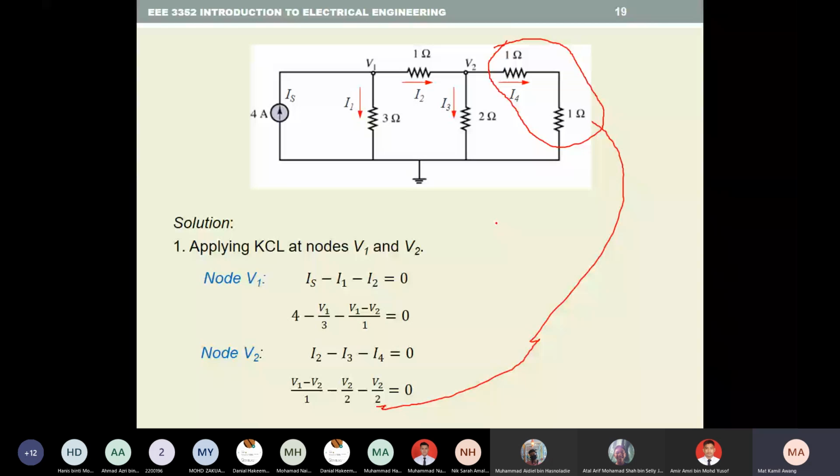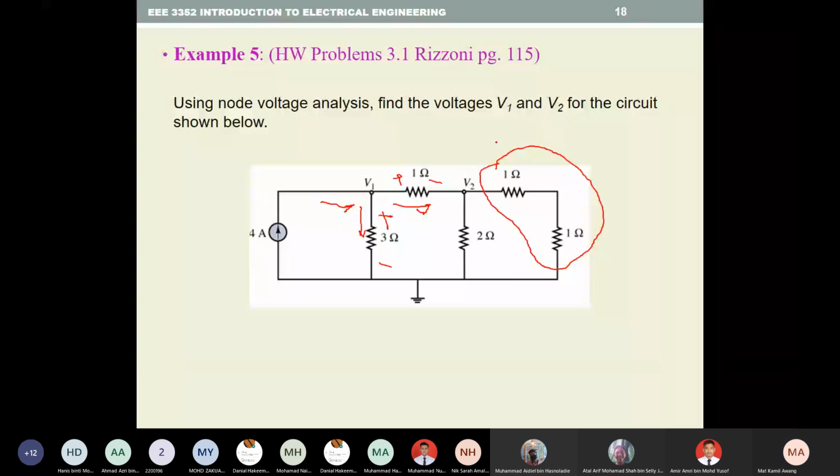And sometimes we can also say this, okay? We have V1, V2, and actually this is another node. So this is V3. But now you have 3 variables, which is actually not needed, but you can do it. So 3 unknowns, you have 3 equations, simultaneous equations.